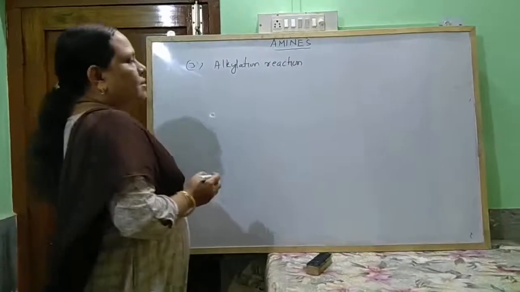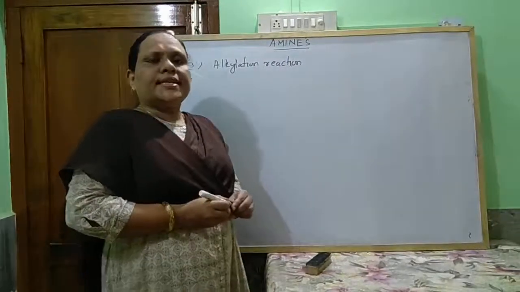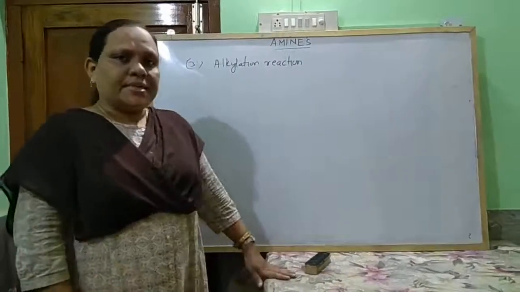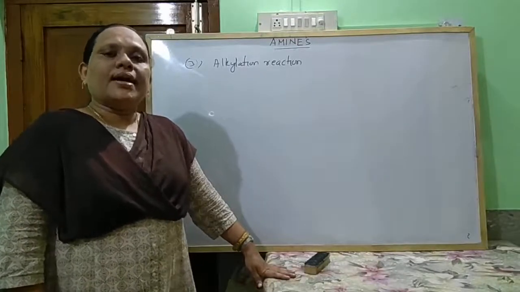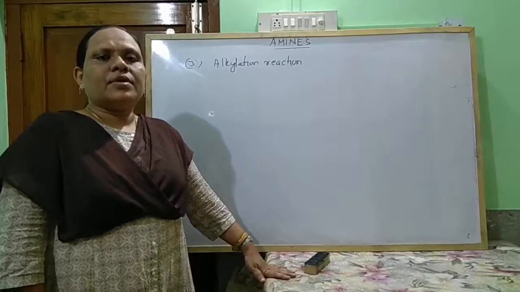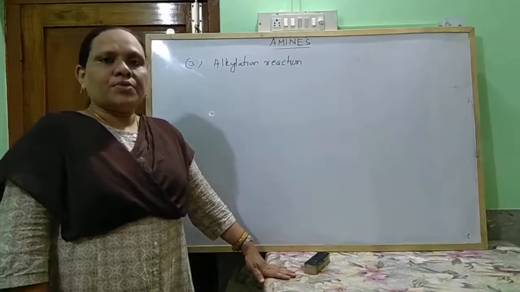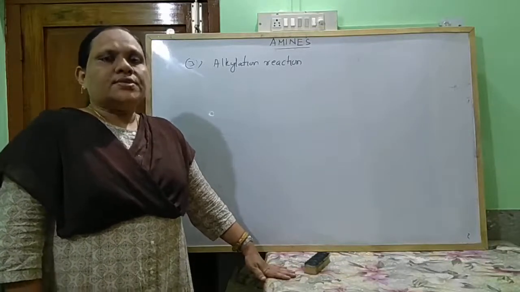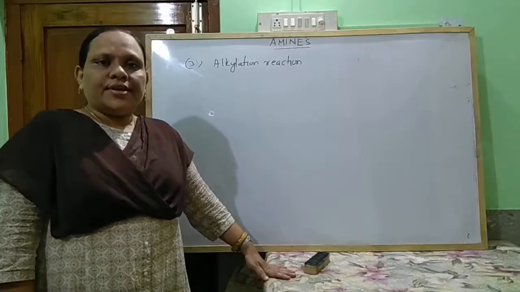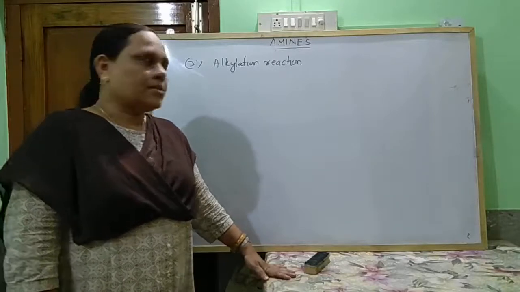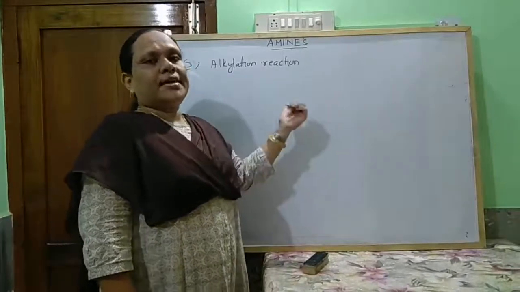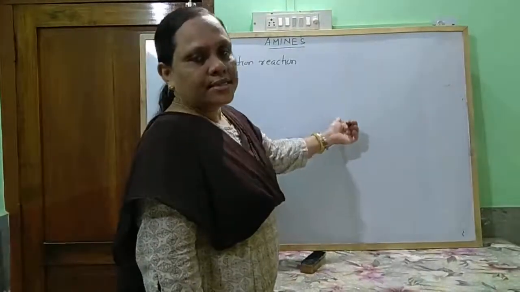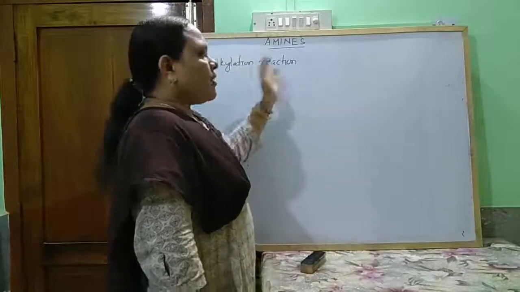Primary, secondary and tertiary amines all react with alkyl halides to form quaternary ammonium salts. This reaction is a nucleophilic substitution reaction. All types of amines, primary, secondary and tertiary, react with alkyl halides to form quaternary salts.